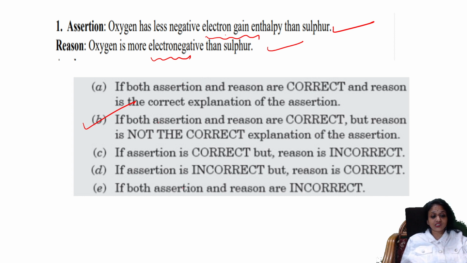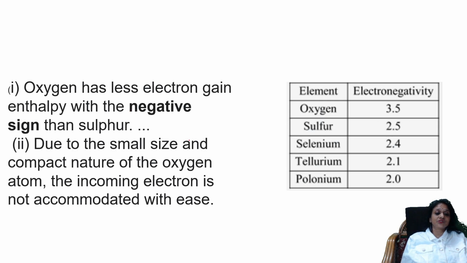Shall we see the explanation? Yes. Let's see the first one. Oxygen has less electron gain enthalpy than sulfur. Why? What is the reason? See here, students. First of all, oxygen has small size, and the nature is very compact, so whenever an incoming electron enters, you can't accommodate it.